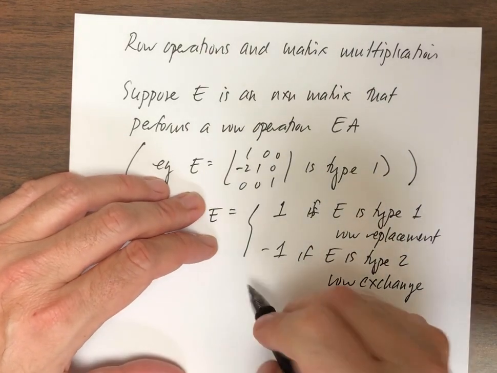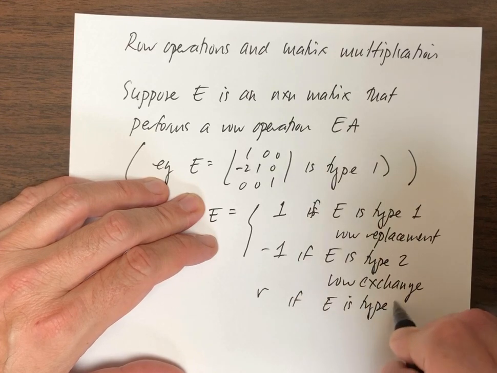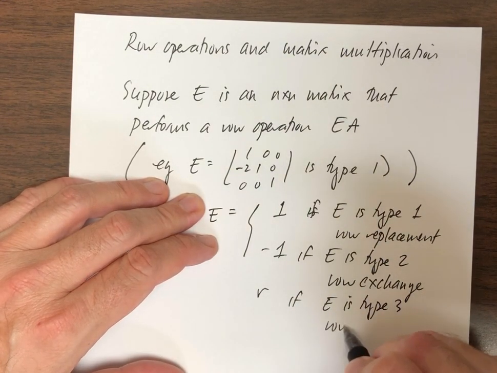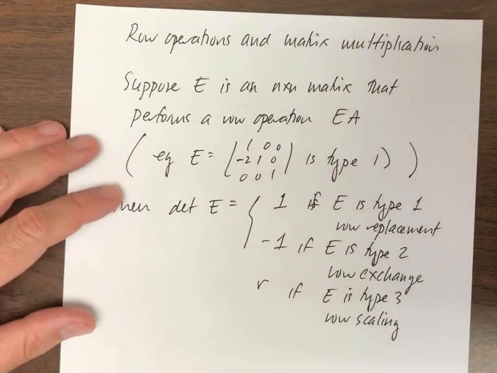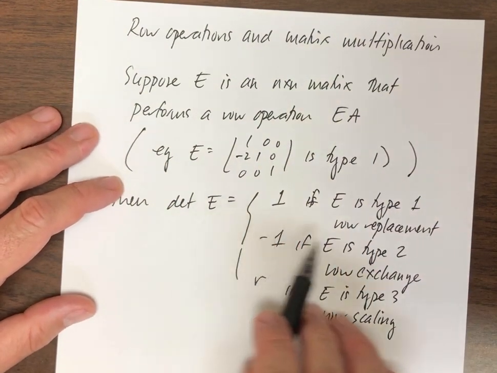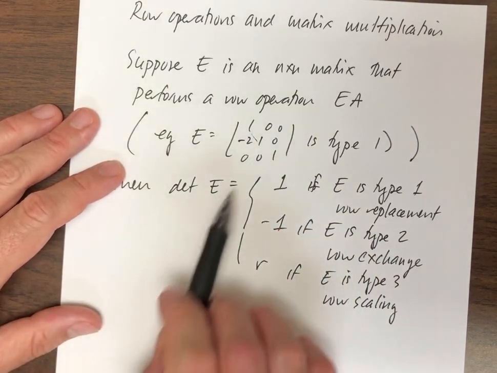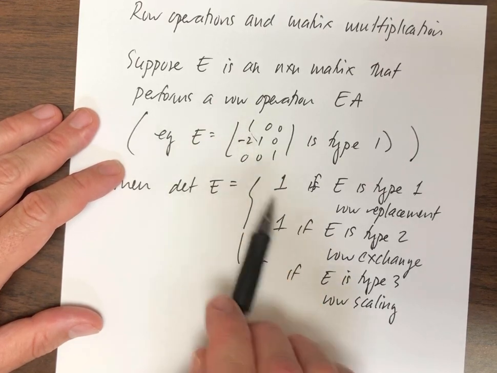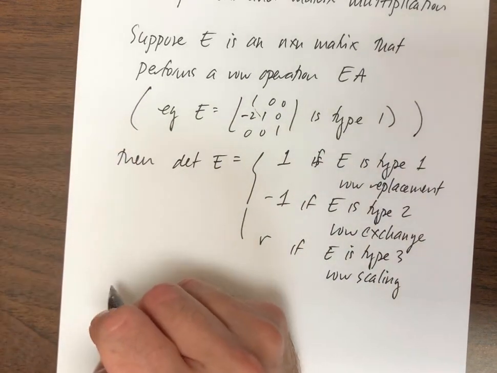And finally, it's going to be r if E is this type 3 row scaling by r. These aren't hard to check if you write down what the matrices look like. This is a triangular matrix, and its diagonal entries are all 1, so of course its determinant is 1.